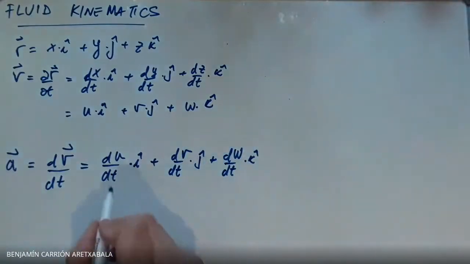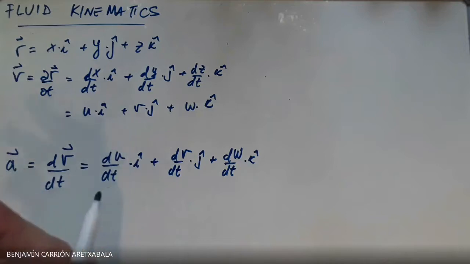What's new here is that the change of velocity over time also depends on the change in position. You can think of a parcel of fluid that is moving through the velocity field. As it moves, velocity might be changing because it's a non-permanent or unsteady flow.